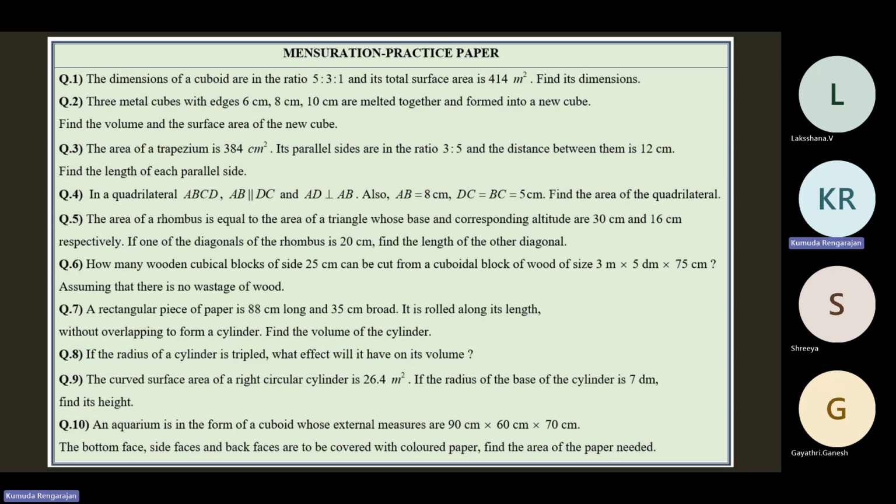Now what is L? Online students, how do you assume L? 5x. And B? 3x. And H? X. Yeah, substitute these and solve and tell me the dimensions of the cuboid.